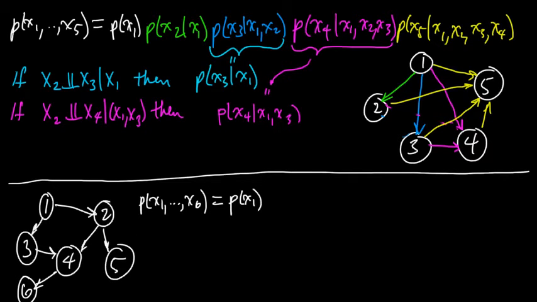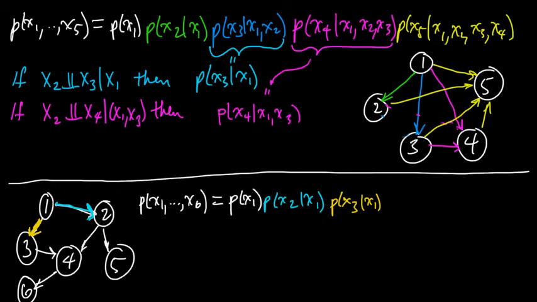Only 1 points to 2, so we have the probability of x2 given x1. I'm just following the same rules that we used to construct the graph, but in reverse. I'm looking at the graph and writing down a factor that arises from that graph. And then the next one, 1 points to 3, so the probability of x3 given x1. So we have this one here.